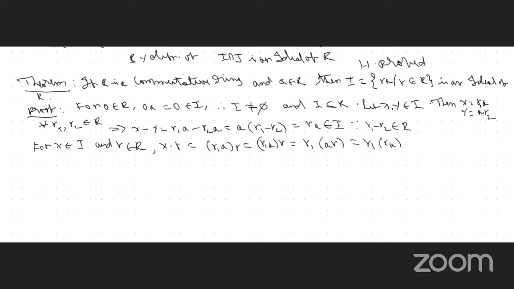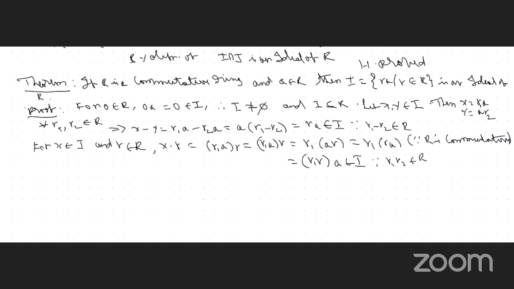Which is commutative, since R is commutative. Commutative property for multiplication means ab equal to ba. That implies r1r a belongs to I, since r1 and r belong to capital R.